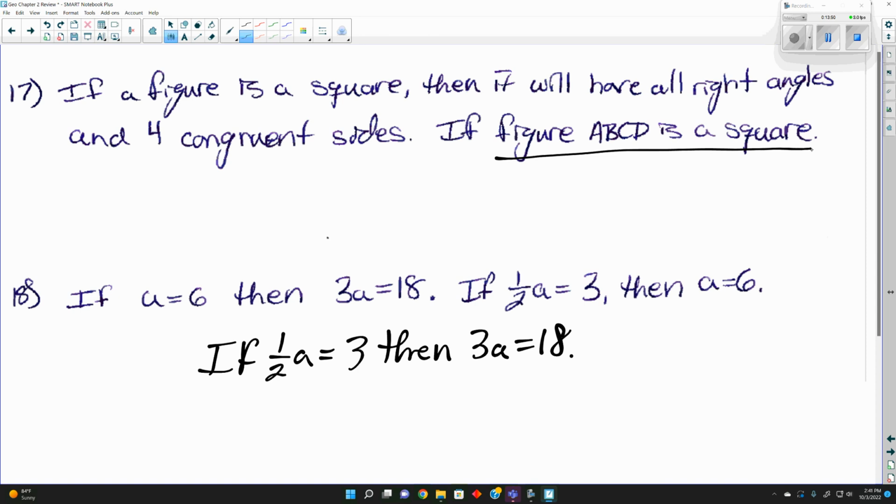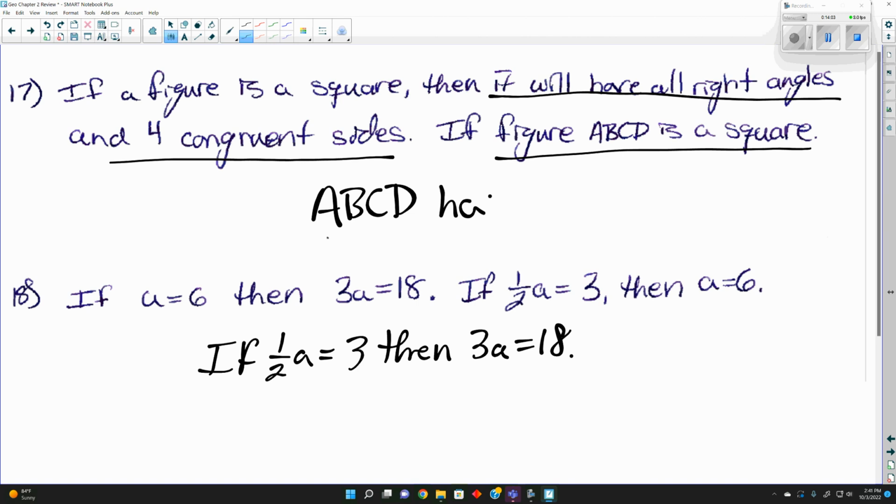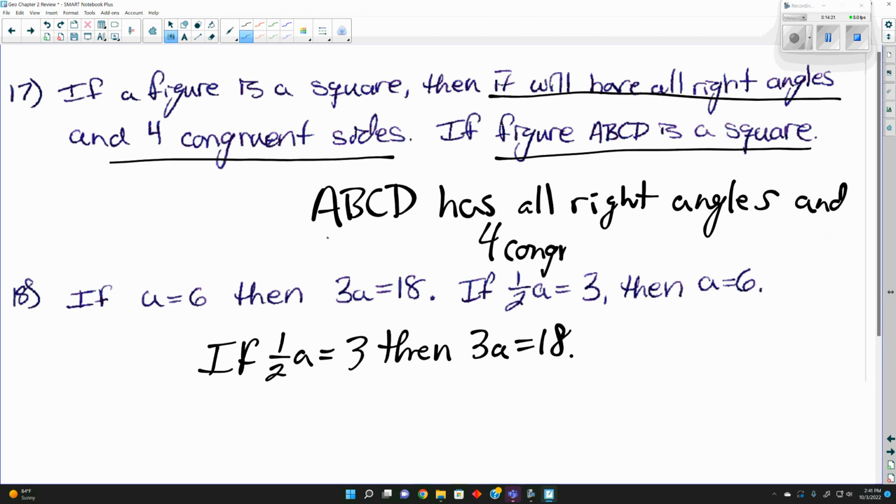If the hypothesis is true, then the conclusion must be. So what's the conclusion of our first statement? So A, B, C, D has all right angles and four congruent sides.